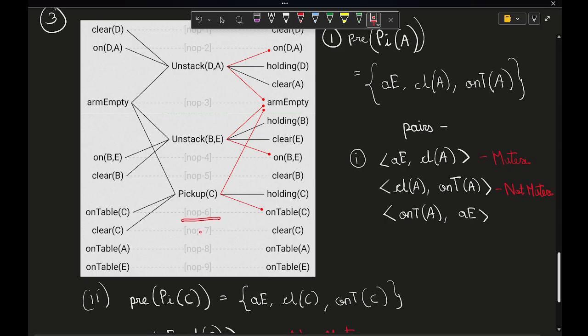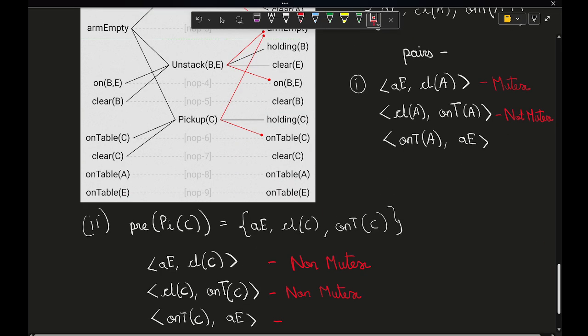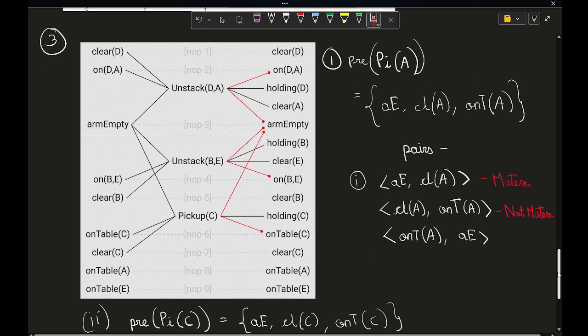So no op 6 and no op 7, these two are non-mutex because they don't have any common precondition or any common after effect. So I'll have to also check for on table C and arm empty. On table C is being generated by no op 6 and arm empty is being generated by no op 3. Again, two non-mutex actions, right?